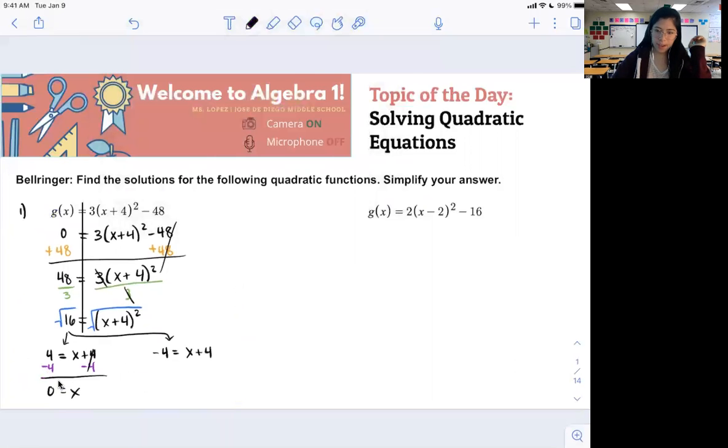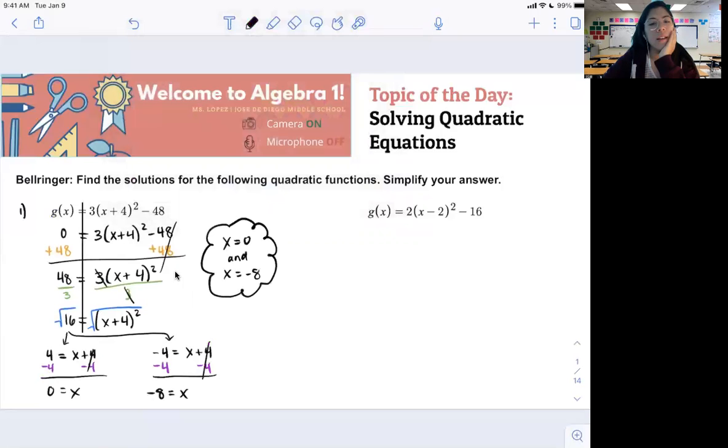And then on the other side, I'm doing the same thing. I'm subtracting 4. But here I have negative 4 minus 4. So what's negative 4 minus 4? Good, Raymond. Good, Guillermo. We get negative 8. So x equals 0 and x equals negative 8. And those are my what?